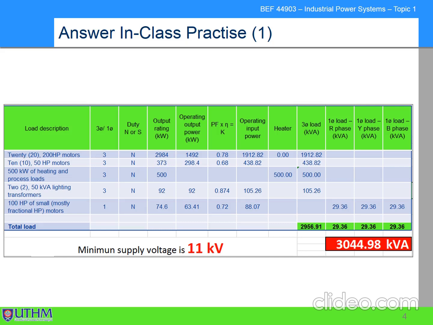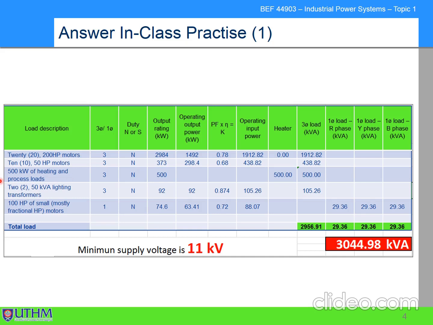To get the operating output, we only take 8 units, because only 8 units operate. So we multiply 8 with 50 horsepower times 746. And then to get the input operating power, we divide the operating output power by the K value. Next we go to the third load.